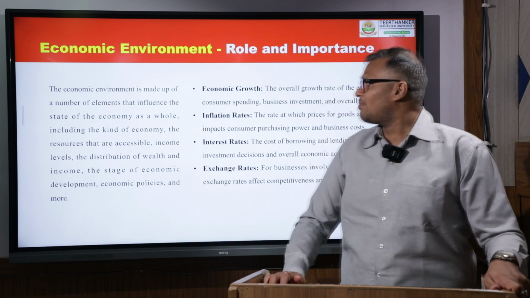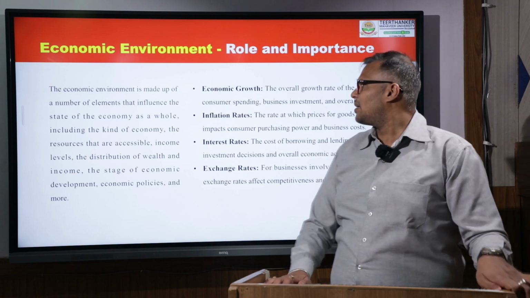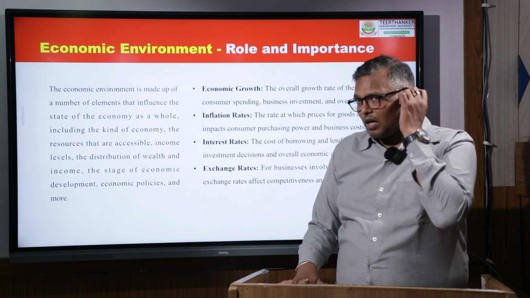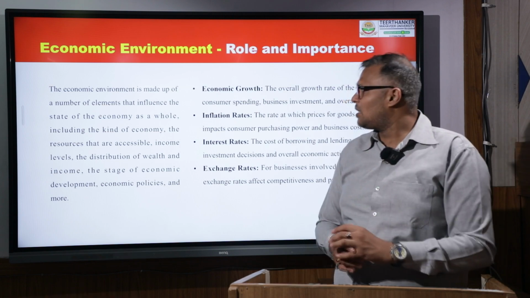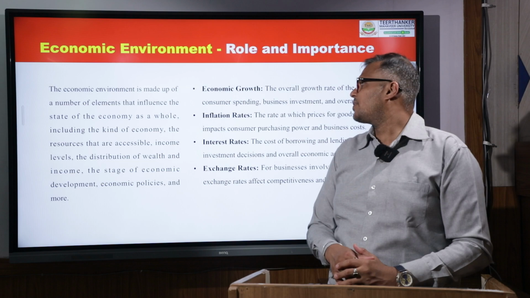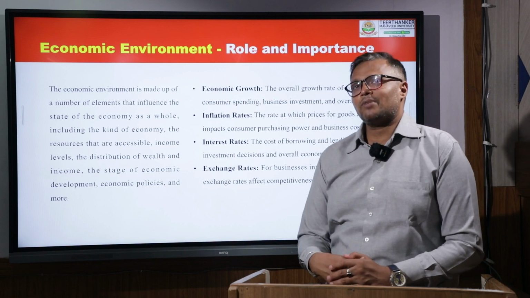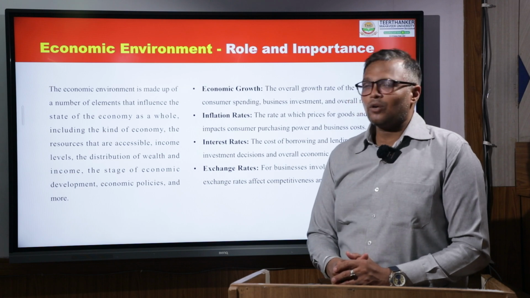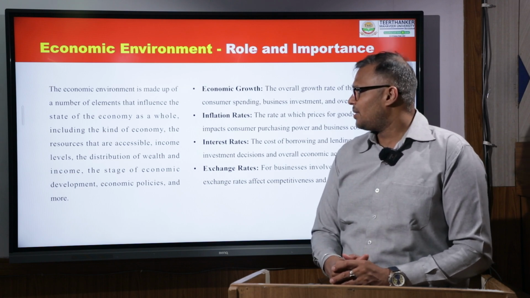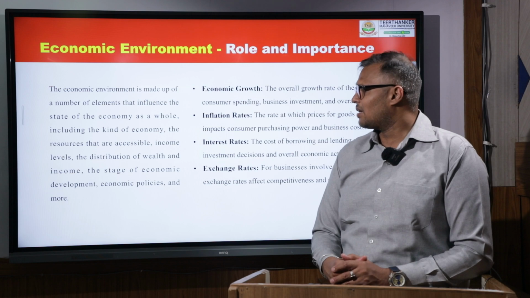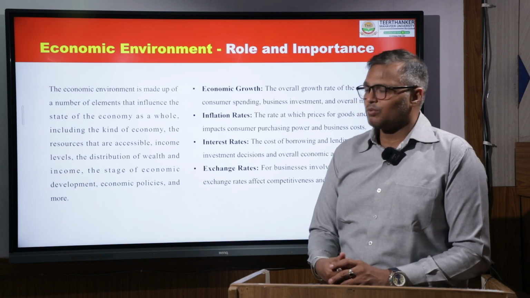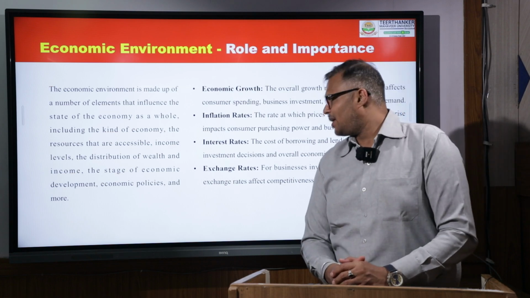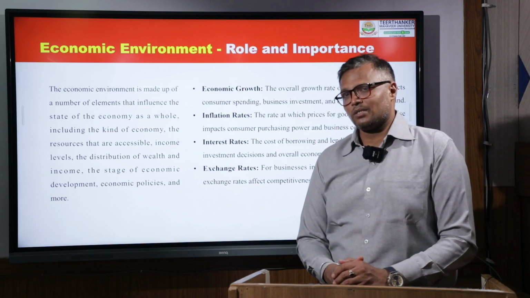The economic environment is made up of a number of elements which influence the state of the economy. These elements are basically influenced by the state of the economy as a whole, which may include either the type of economy, or the resources that are accessible, or the income levels, or the distribution of wealth, or the various stages of economic development, or various economic policies and many more things.